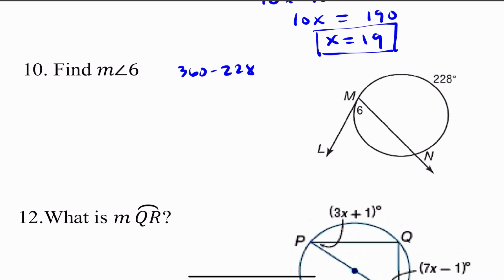Oh, just kidding. I'm jumping too fast. 360 minus 228 is 132 degrees. So the measure of this arc here is 132 degrees. Now that I have the arc, I can figure out the angle. Again, since the vertex is on the circle, the measure of angle 6 is 1/2 of its intercepted arc. And that's 66 degrees.